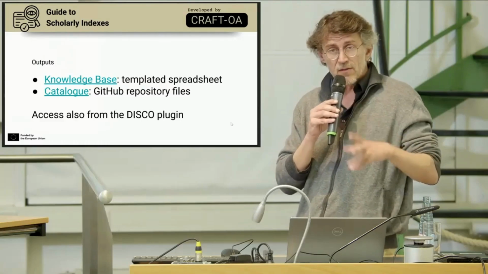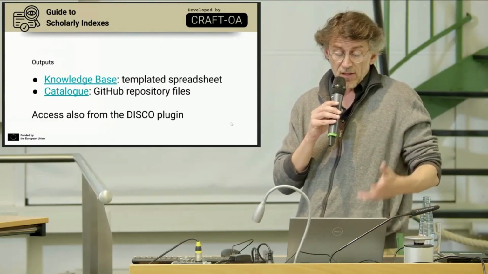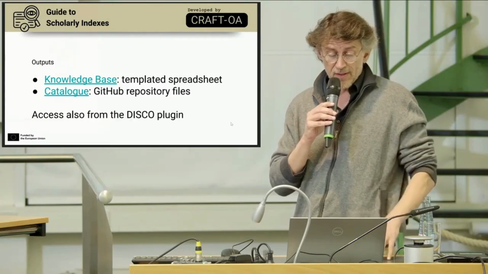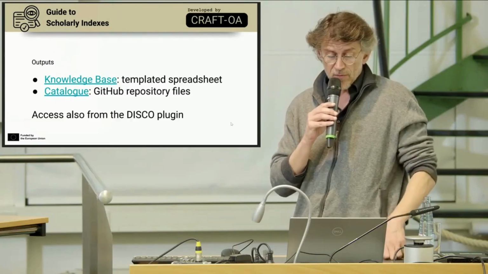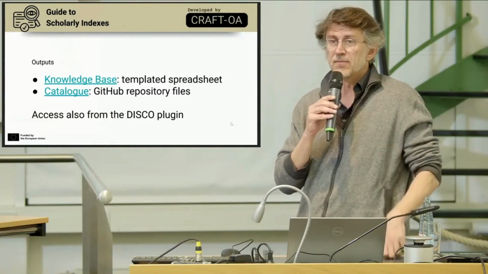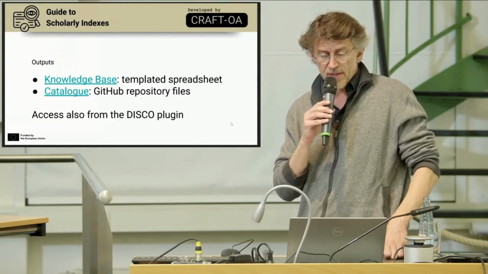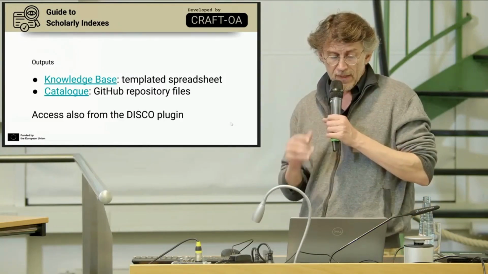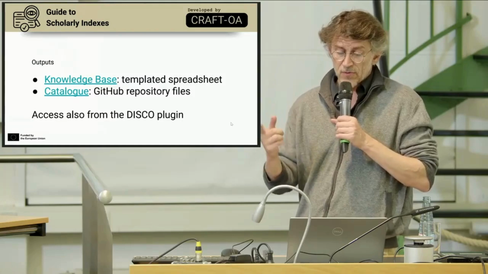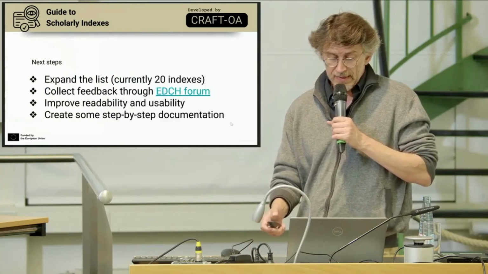This is the status of the outputs currently, and they can be used in different ways, based on what you're more comfortable with. I also mention that, as you will hear later during the conference about the plugin, the guide to scholarly indexes is also accessible through the Discord plugin that was developed in Work Package 5.